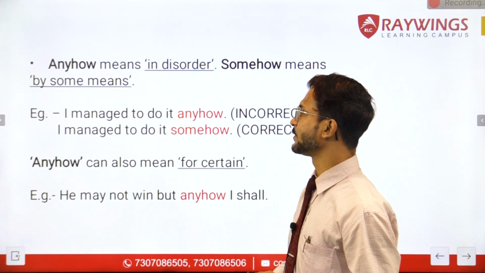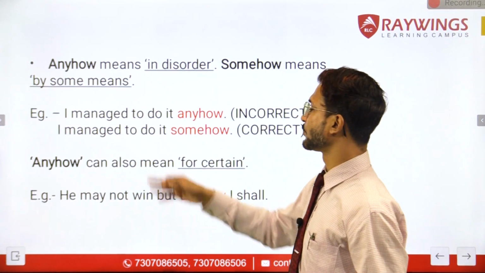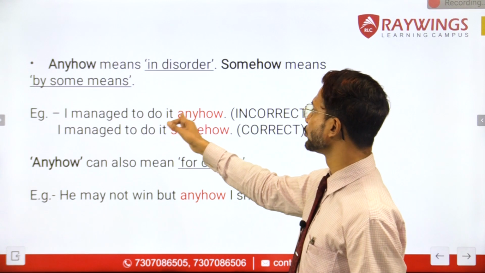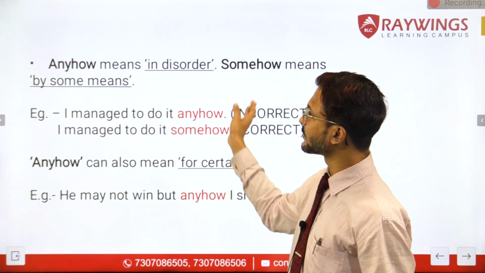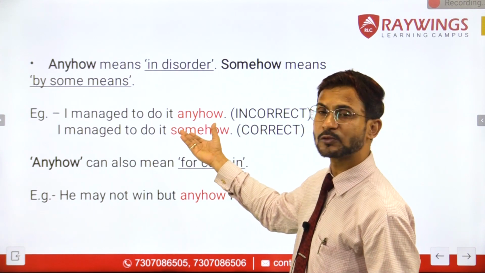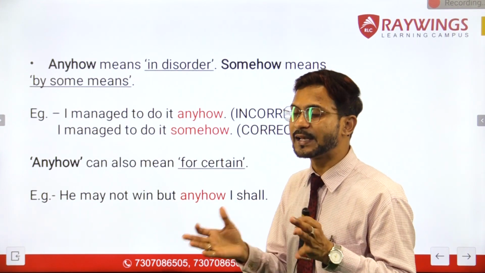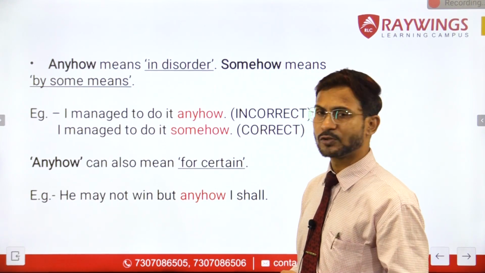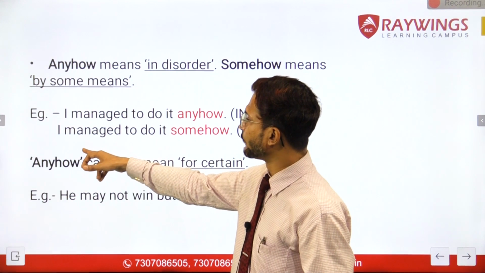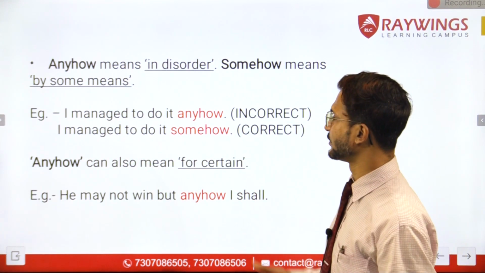The first example says, I managed to do it anyhow. If I say that I managed to do it anyhow, this is incorrect. That means this is in disorder. So this is not about disorder, but by hook or crook or by any means, like I could have been able to do it. So the correct form would be I managed to do it somehow, right? So this is the correct form.